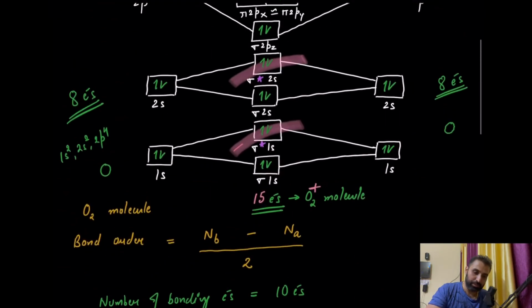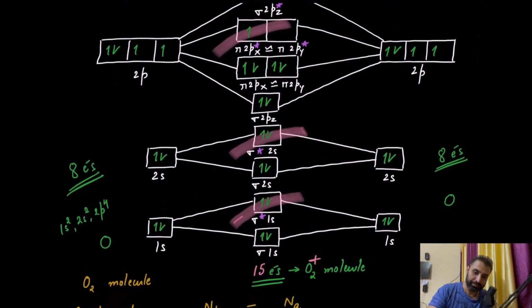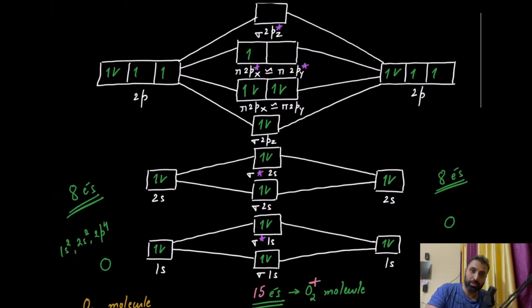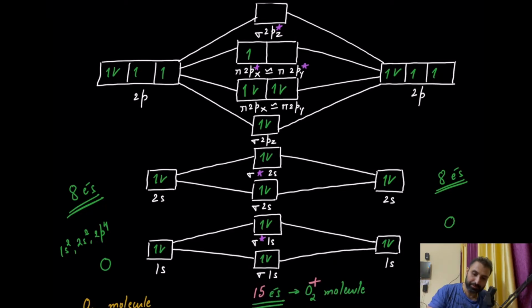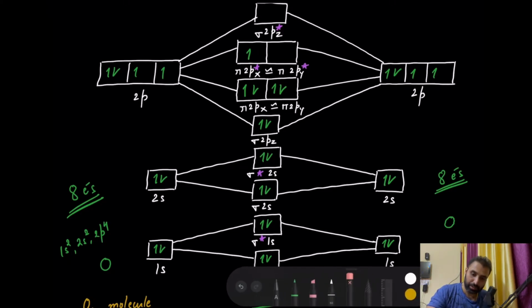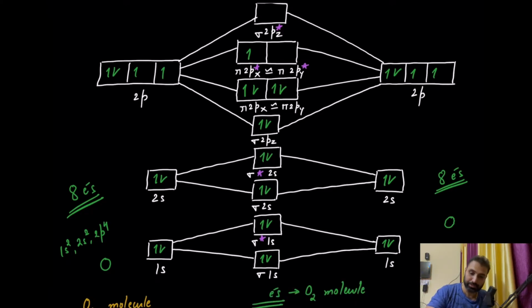In case of O2 negative molecule, we have to add one electron in molecular orbital, right? For that, let me redraw the molecular orbital configuration of only O2 molecule with a 0 charge. So in O2 molecule we were having total of 16 electrons and 1 electron in pi star 2p.